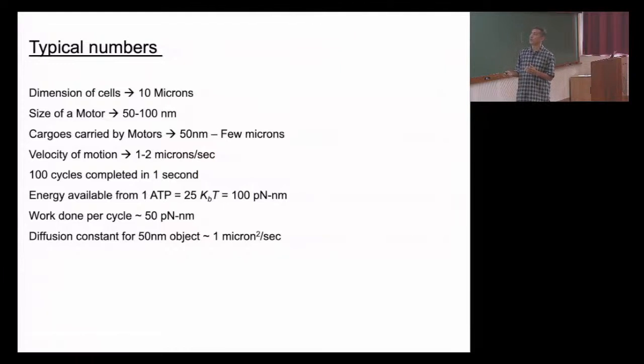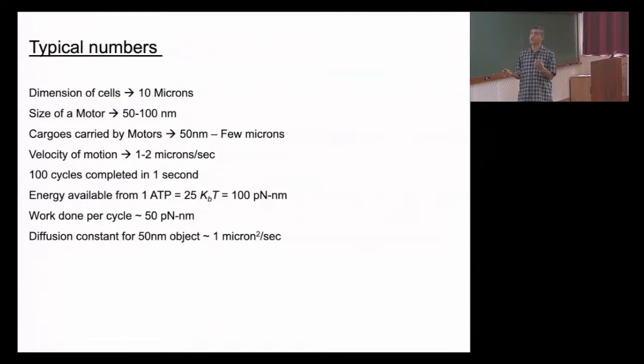Very important to remember that the speed of motion of a single motor is of the order of microns per second. Now, this is quite remarkable, because if you scale it up, the cycles which allow these motors to move must be really rapid for something which is, let's say, 50, 60 nanometers in size.